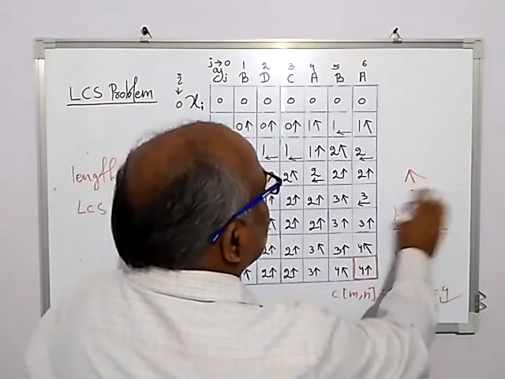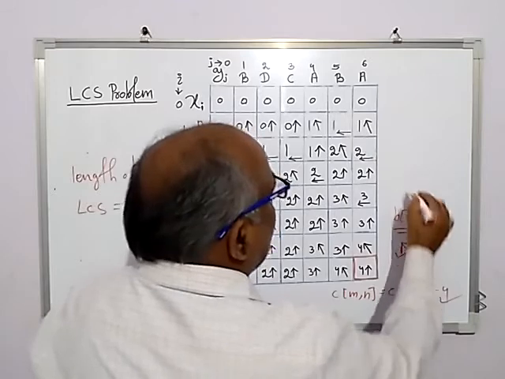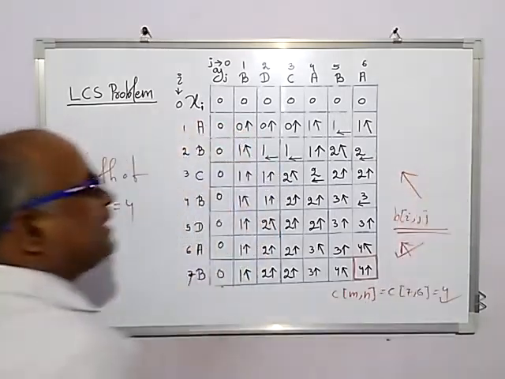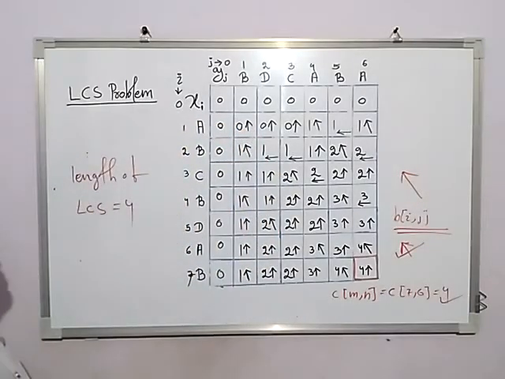That means if you encounter a slanting arrow, at that time you see the column letter and row letter, so that letter will be a member of LCS.